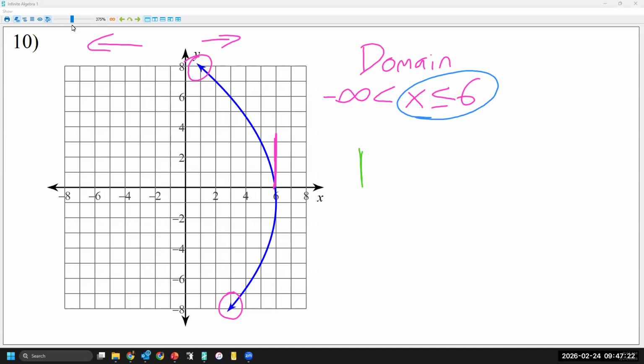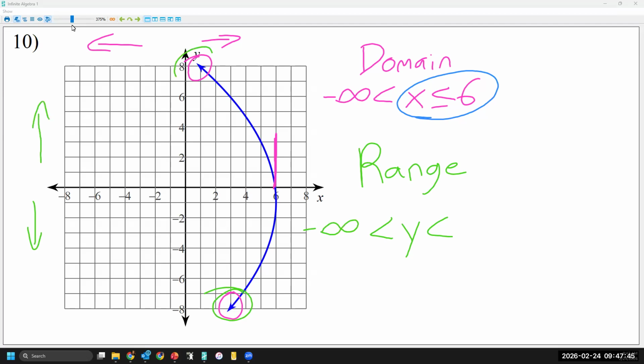Got range. All right, let's see what we got going on for range. How far down does my graph go? Well, down here I see an arrow going down, so that means it's going to go down forever. How far up does it go? Well, got an arrow up here going up, so that means it's going to go up forever.